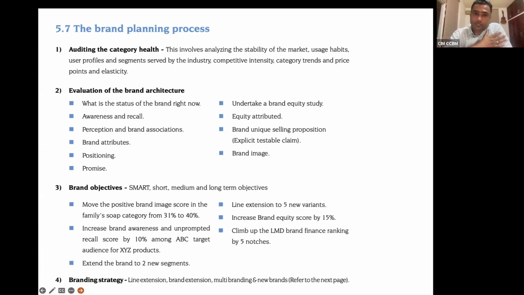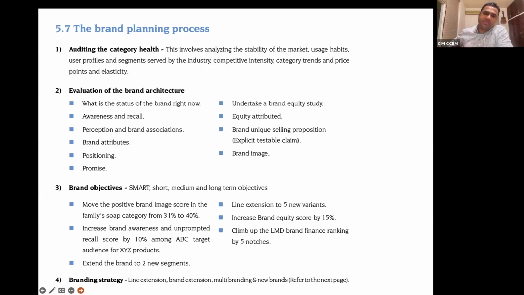The first step in the brand planning process is to audit the brand. Where are we now? You conduct a comprehensive audit. Then you understand and evaluate the architecture of the brand, the components. What is the current level of awareness? Where is the brand standing right now in terms of market share?